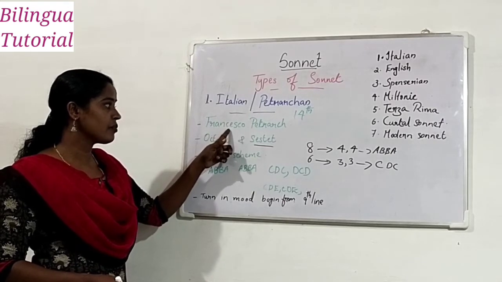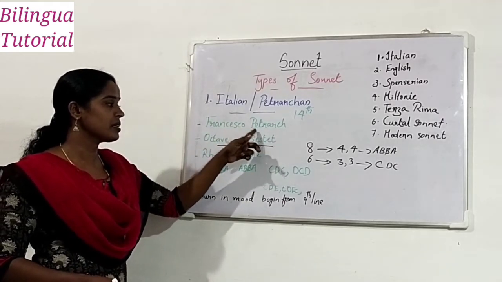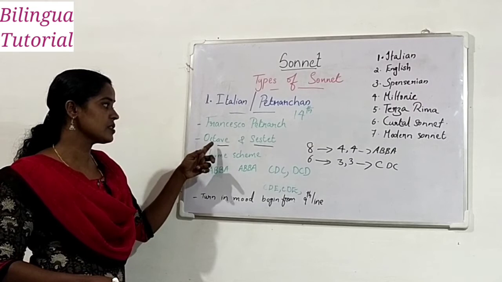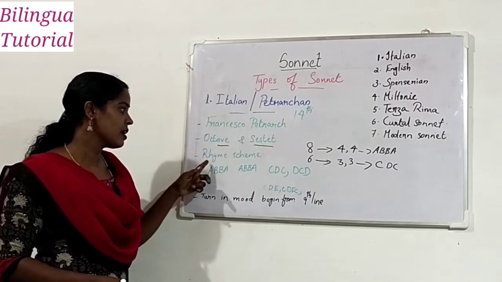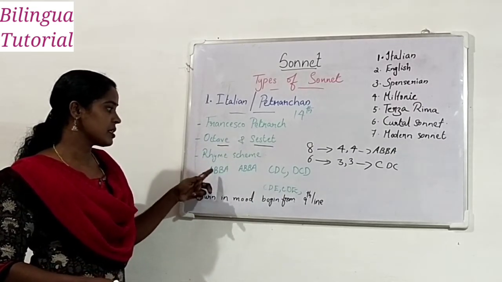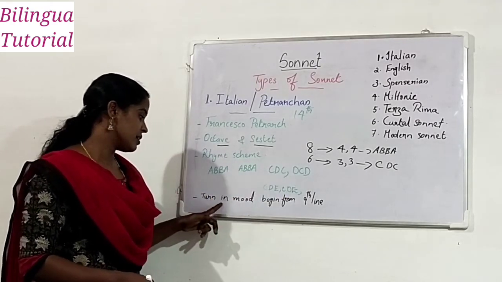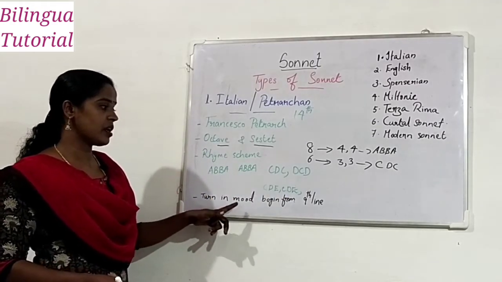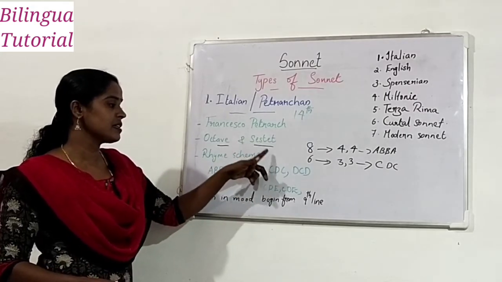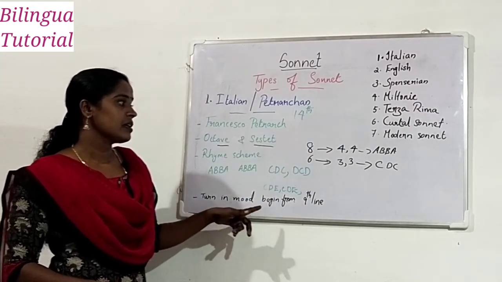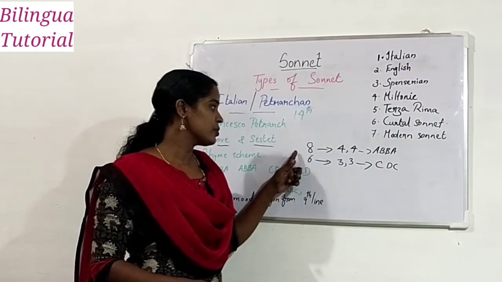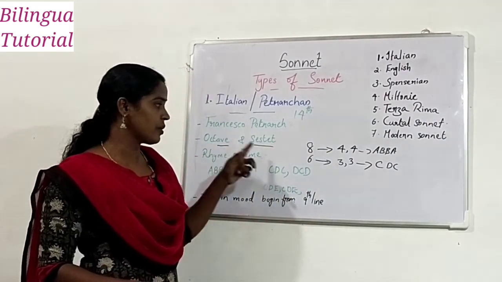It was made famous by Petrarch. It has 2 sections, octave and sestet. The rhyming scheme is ABBA ABBA, CDC DCD. The turn in mood starts from the first line of the sestet.